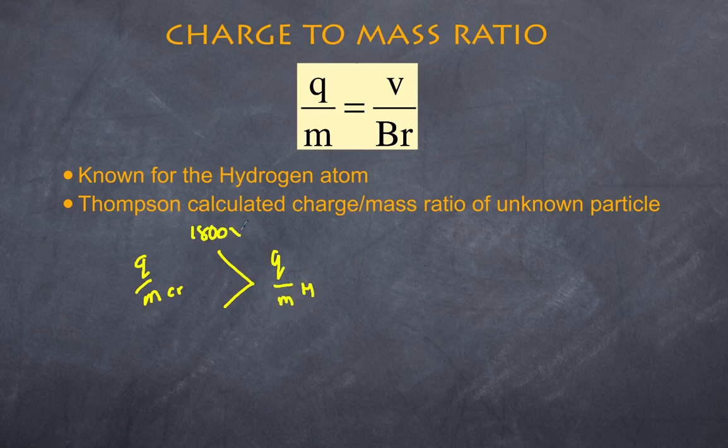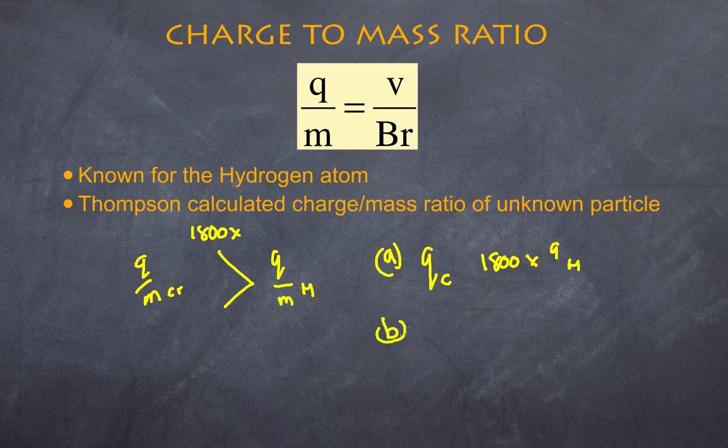1800 times. So that basically means that either A, the charge on my cathode ray is 1800 times bigger than the charge for my hydrogen. Now that is one option.